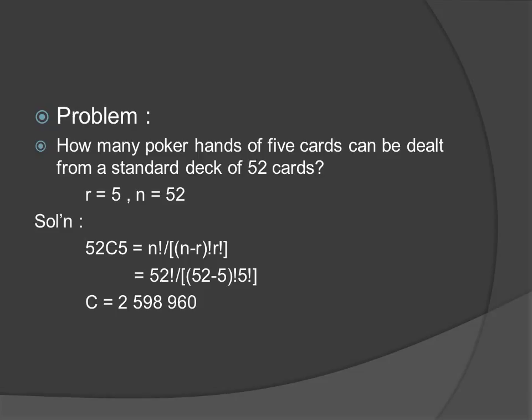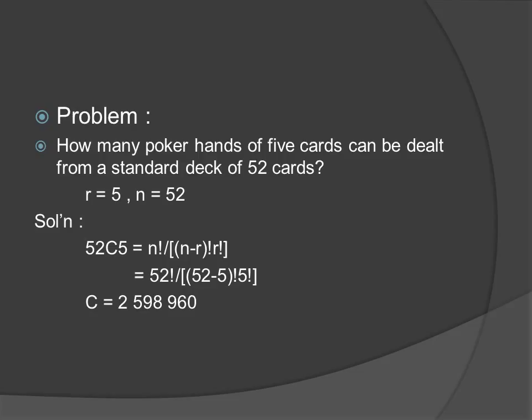Here's a problem. How many poker hands of 5 cards can be dealt from a standard deck of 52 cards, when r equals 5 and n equals 52?